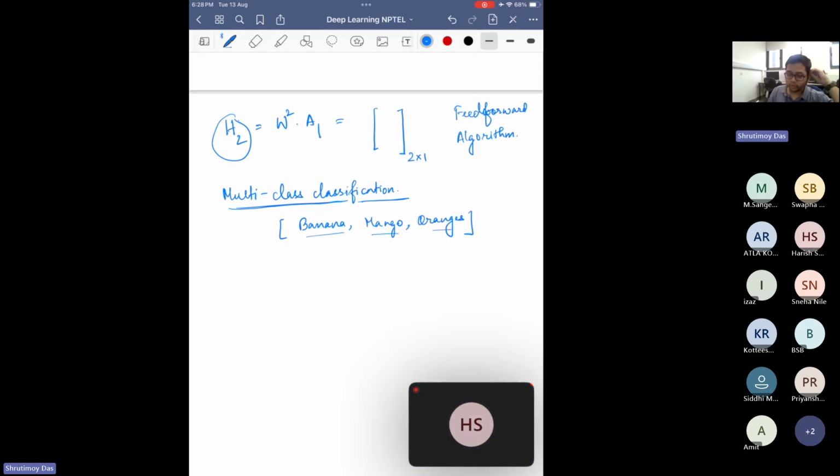Can you use a sigmoid in this case? Can anybody speak up or explain why we cannot use it? These are very important decisions: what type of activation you want to use in the final layer. Can anybody explain, or do you need me to explain why we cannot use sigmoid in this case?